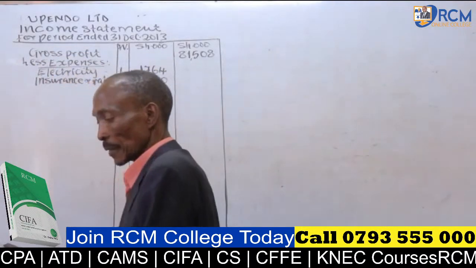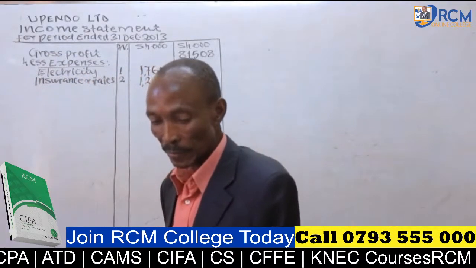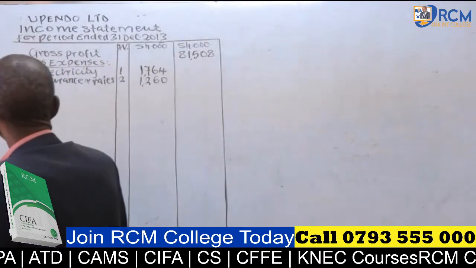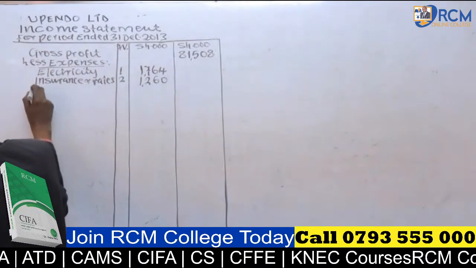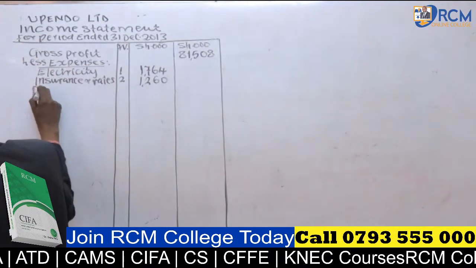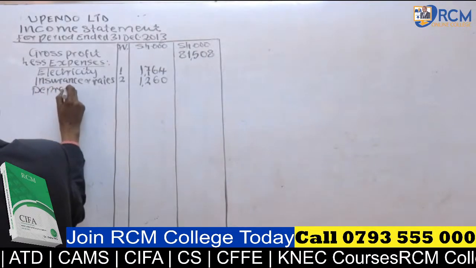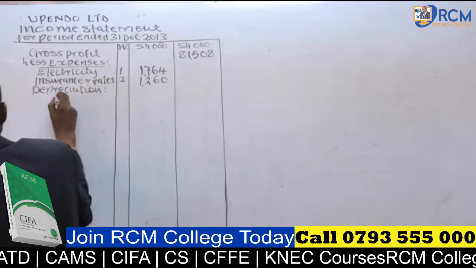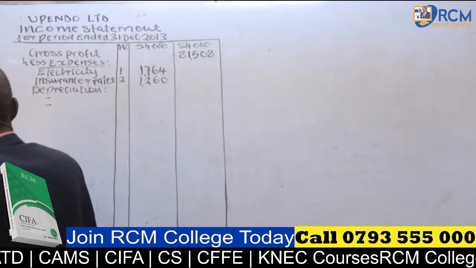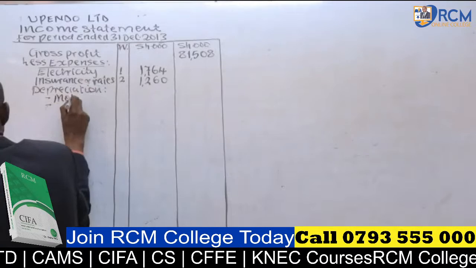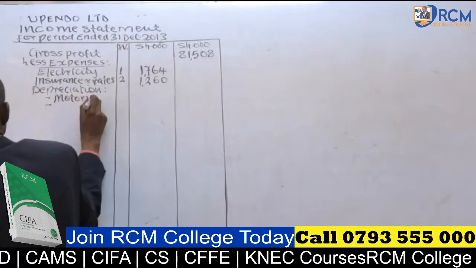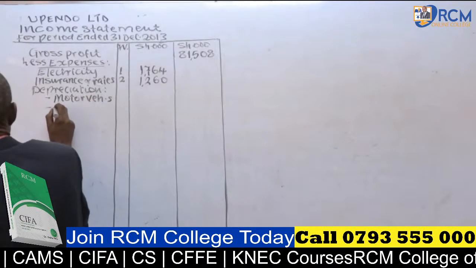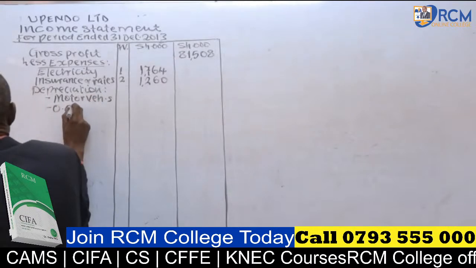The next working after insurance would be depreciation. We have got 2 assets, motor vehicles, then office equipment.